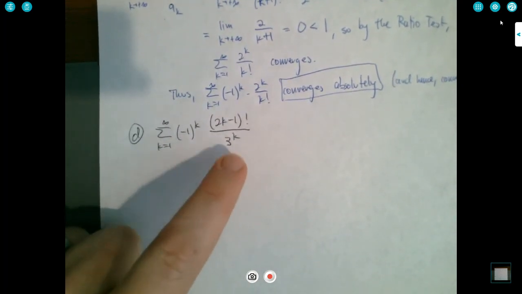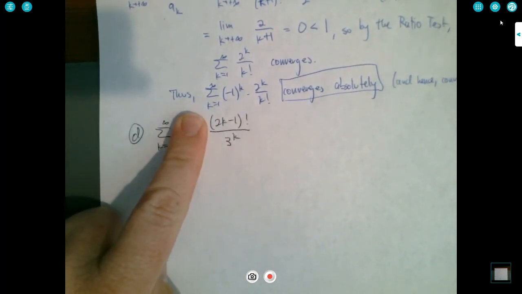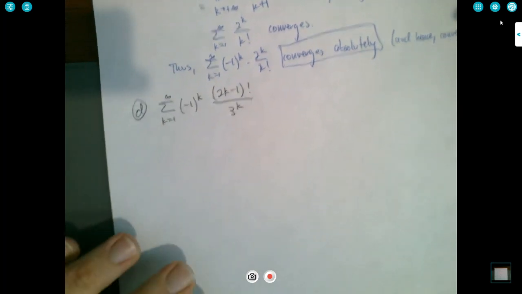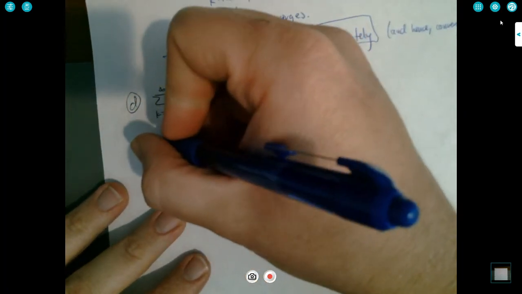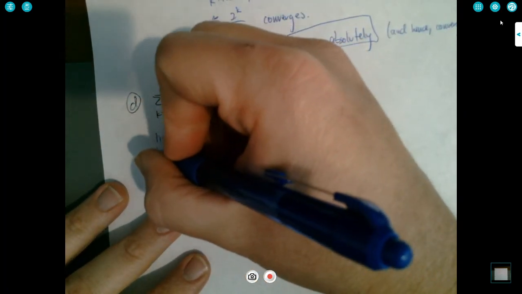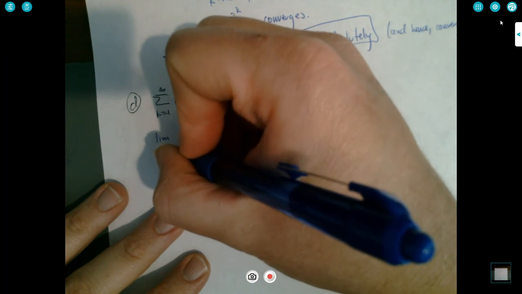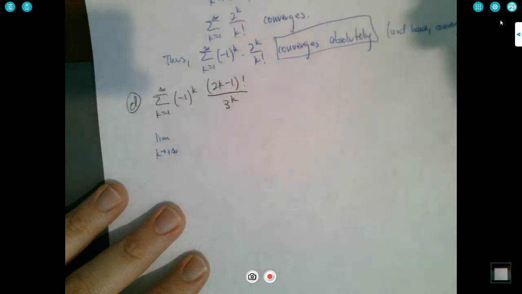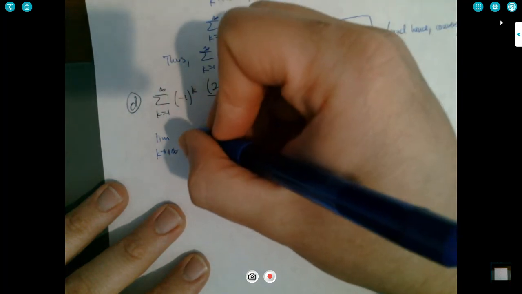And I'm going to focus on this guy, the 2k minus 1 factorial over 3 to the k. And I think I'm going to apply the ratio test there, because it's got a factorial in it, right?